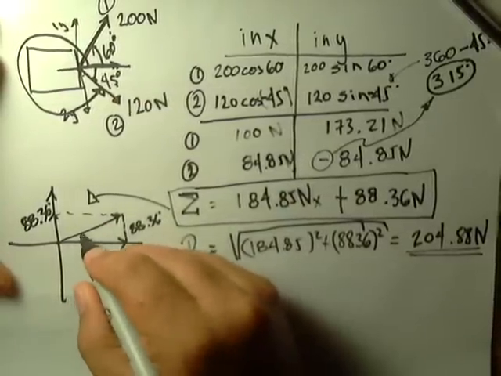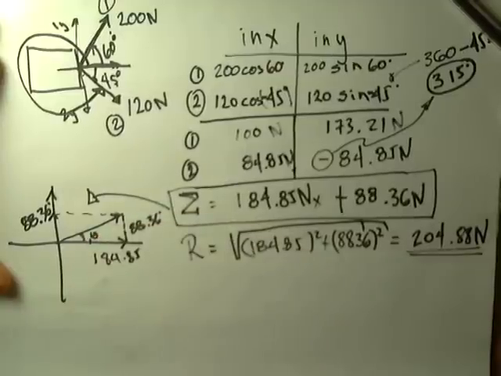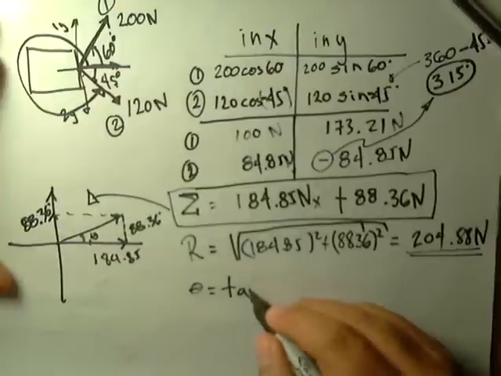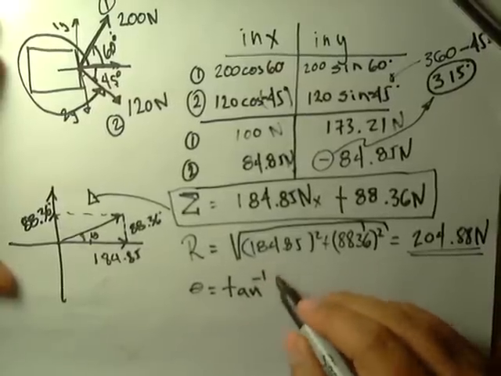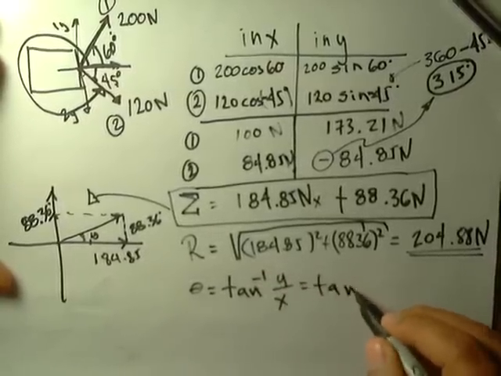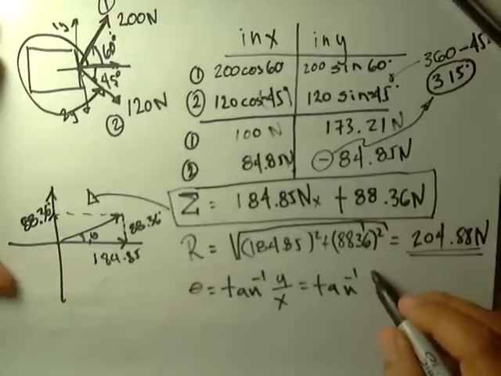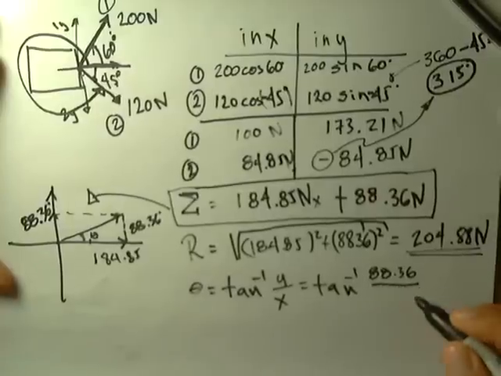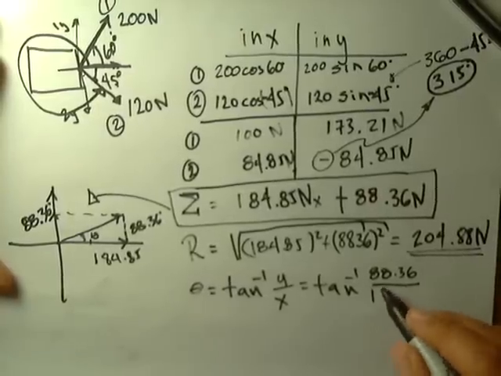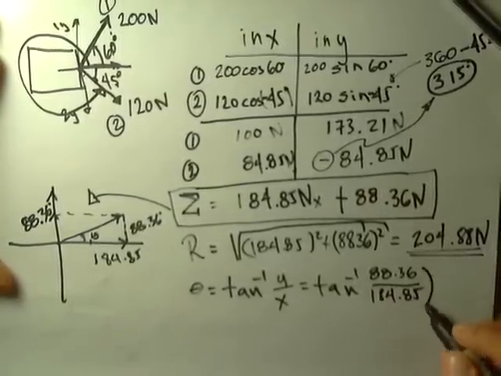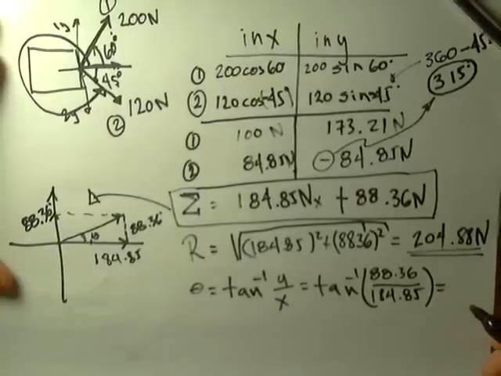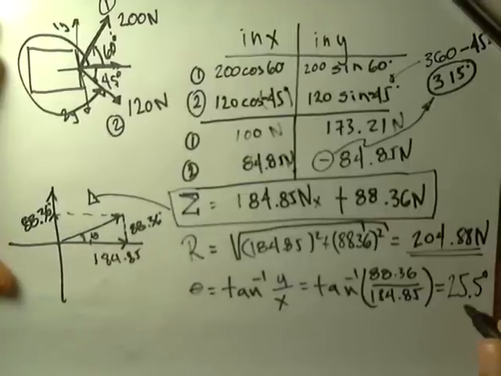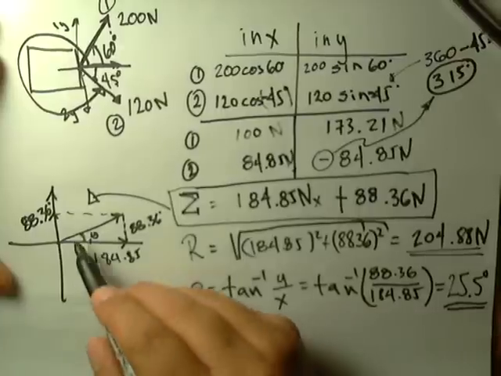Now, what direction will that be? What angle shall we have? Well, we have the inverse tangent of y over x, meaning the inverse tangent of 88.36 over 184.85, and our angle is going to be 25.5 degrees. So basically that is our angle.